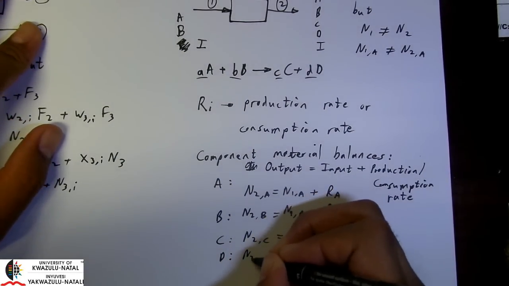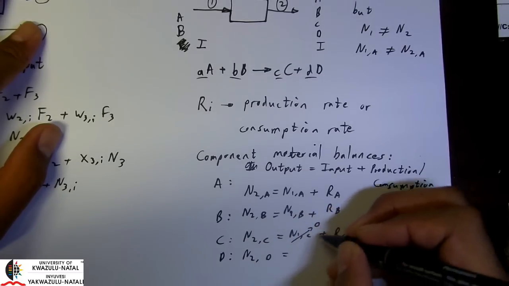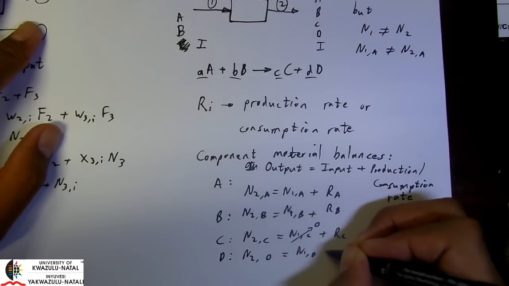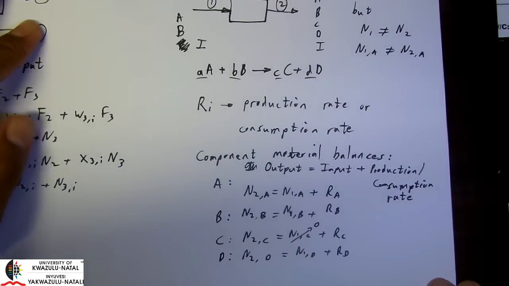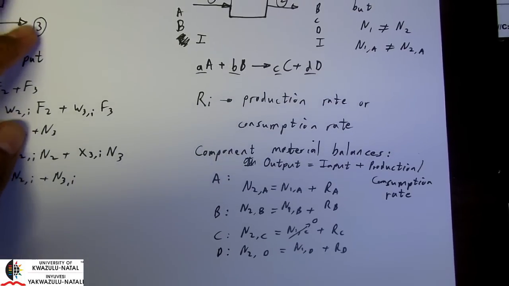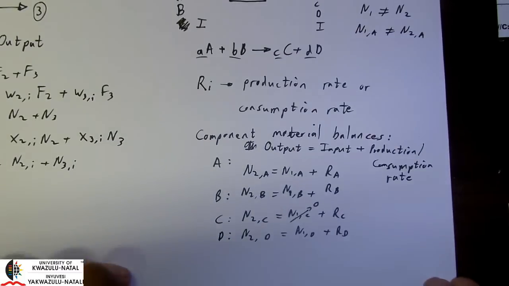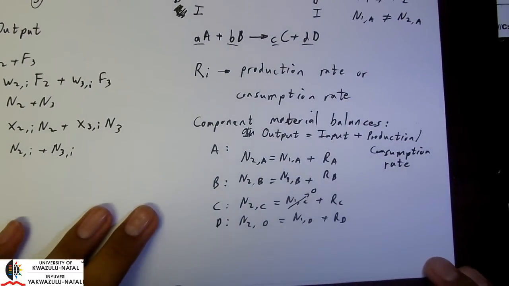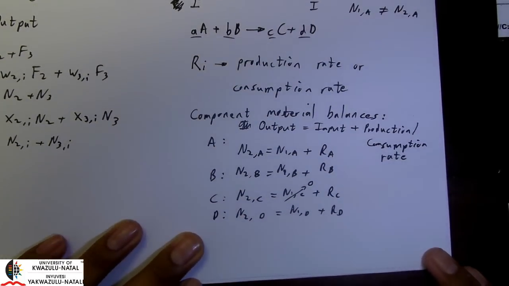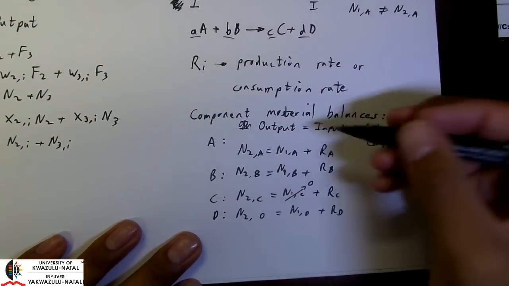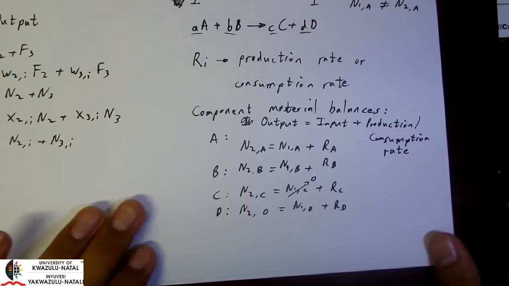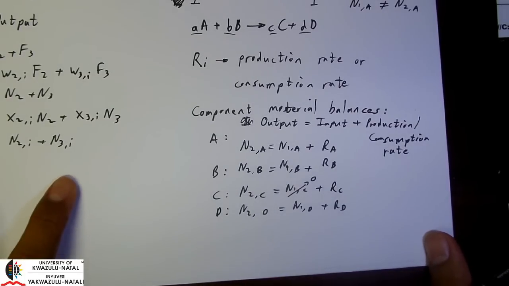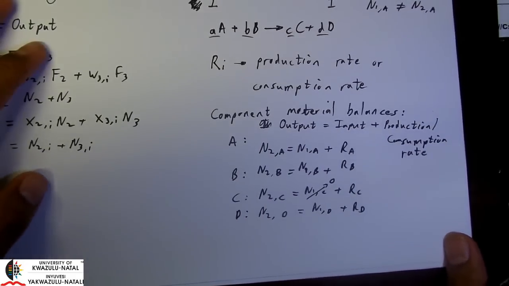And the same can be said for component D. So this is how we will have to write out our material balances for a reactor. We will develop this as we go along, for multiple reactions and multiple reactors as well.